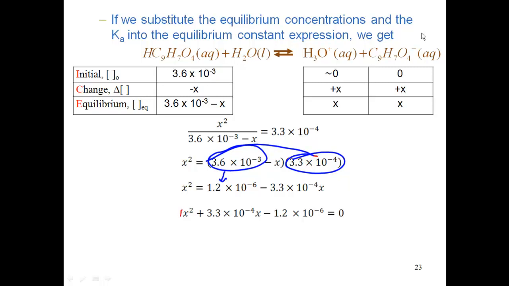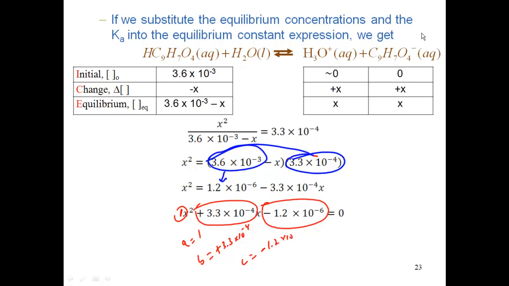The coefficient in front of x squared is understood to be 1, which is telling me a is equal to 1. B is equal to a positive 3.3 times 10 to the negative 4th. That's the term in front of x. And my C, with no term of x, is a negative 1.2 times 10 to the negative 6.